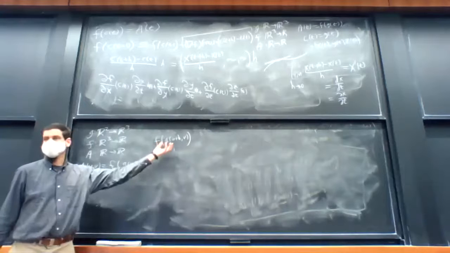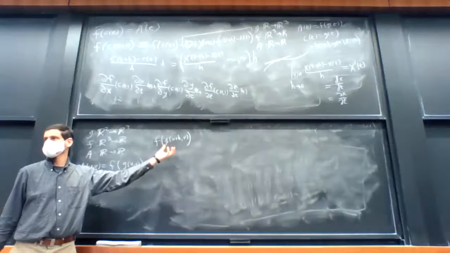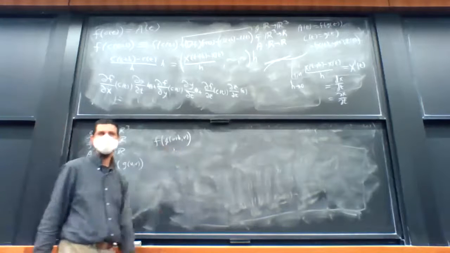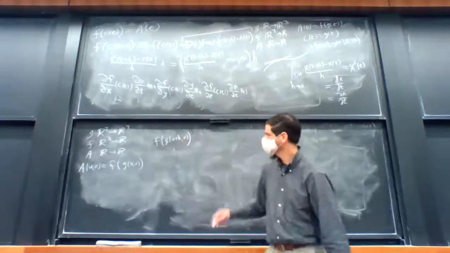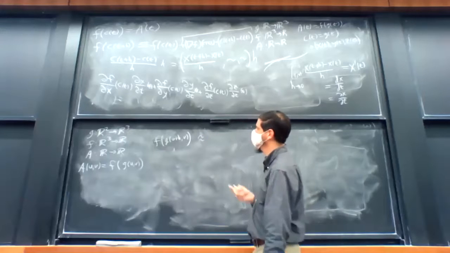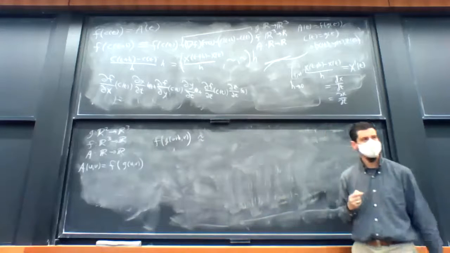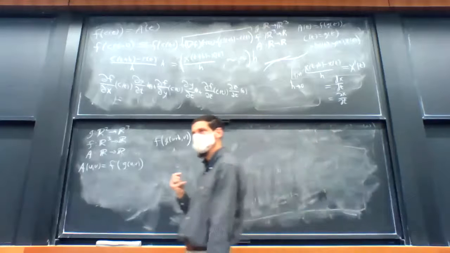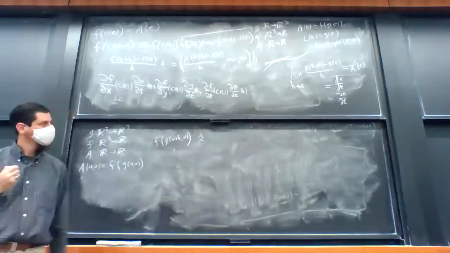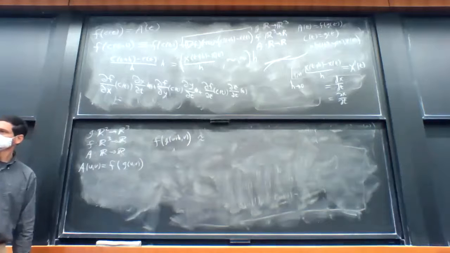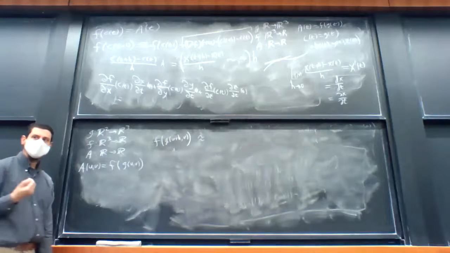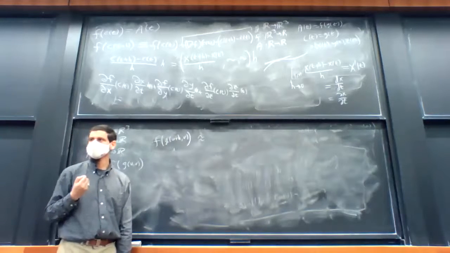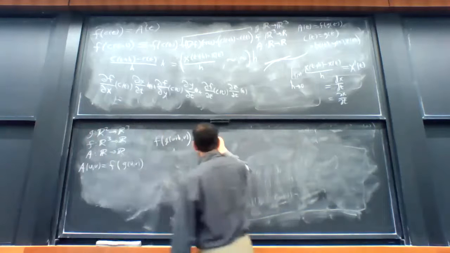Well, let's try to guess what we think this should be. What do you think this value should be close to? We have f of g of u plus h, v. This should be approximately, remember, h is a really small number, f of g of uv, right?